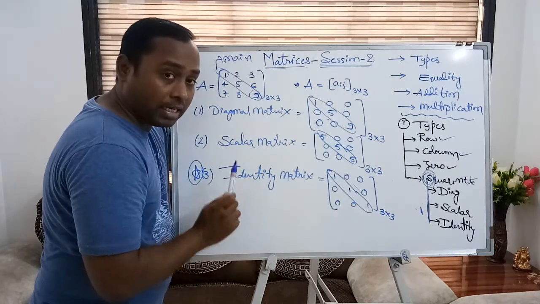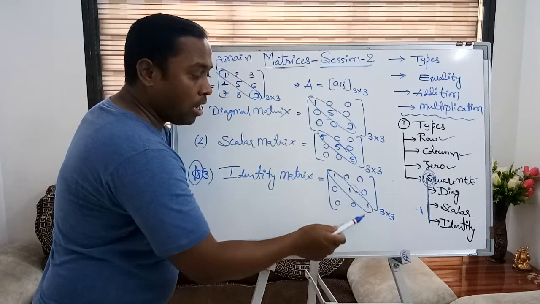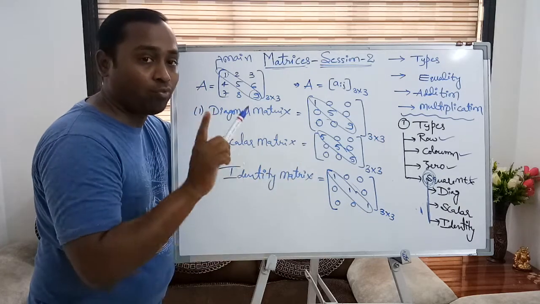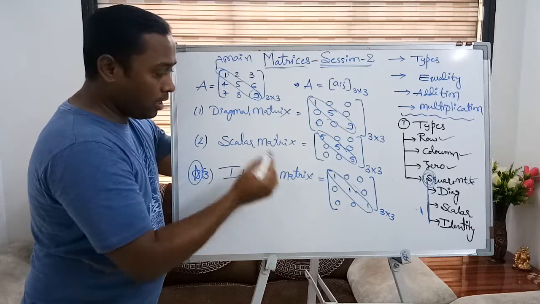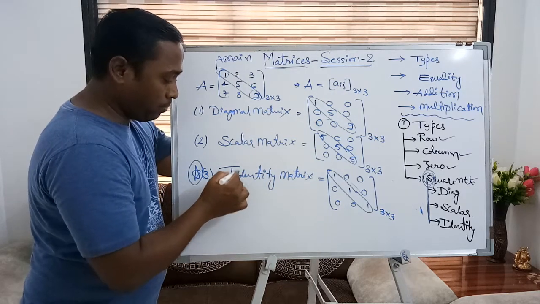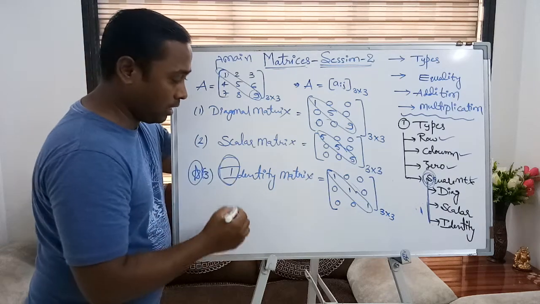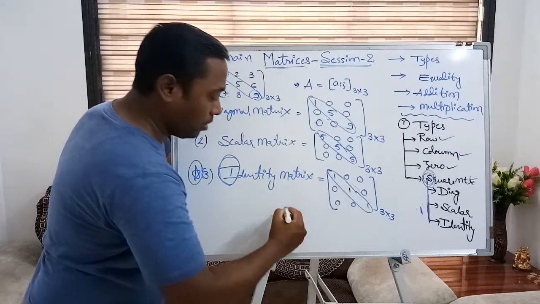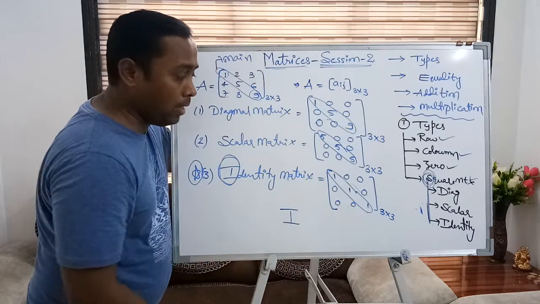But when we speak of identity matrix, the diagonal elements are identical and also unity, meaning one only. The identity matrix is represented by capital I, the symbol coming from the name itself.